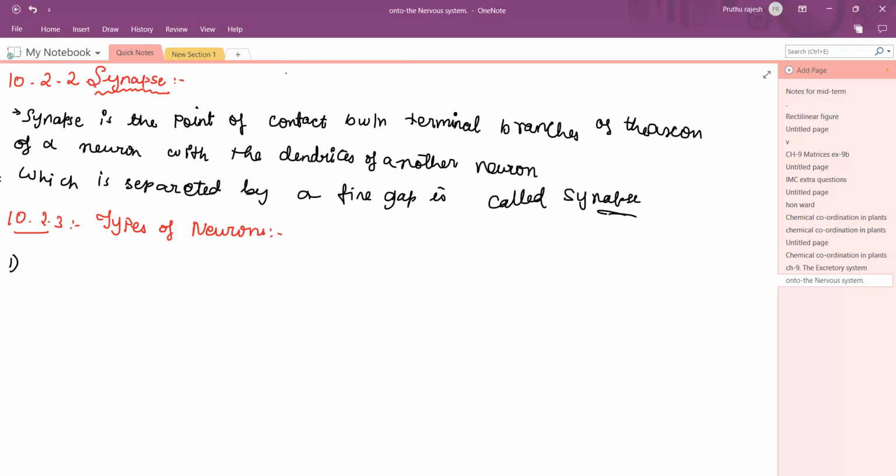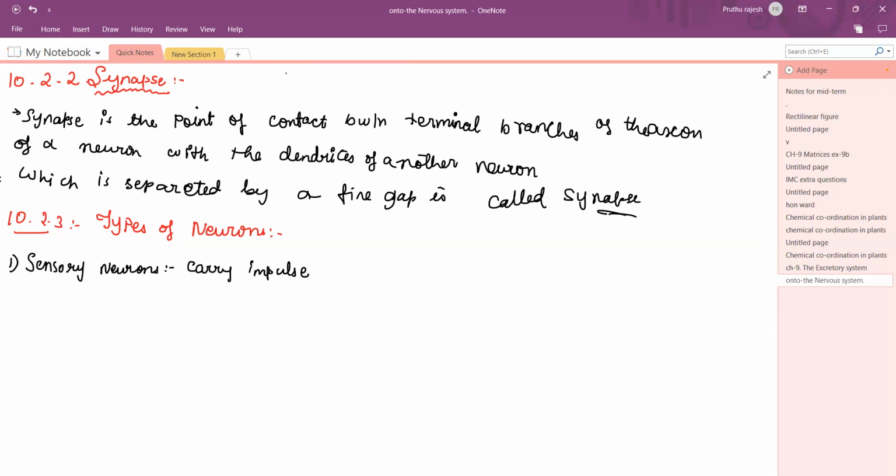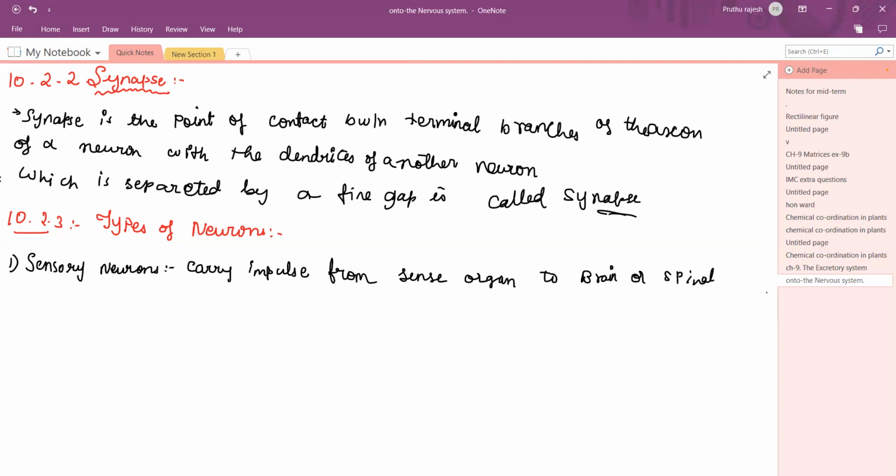First neuron we have is sensory. Carry impulse from receptor or sense organ to brain or spinal cord.